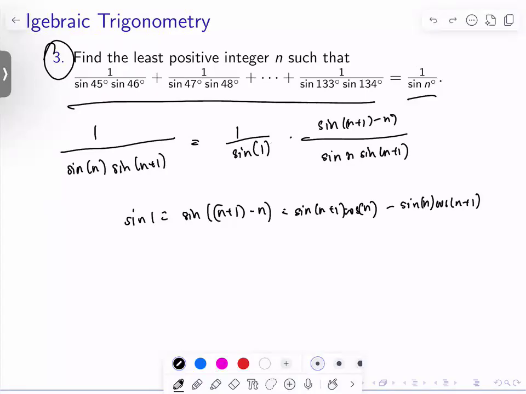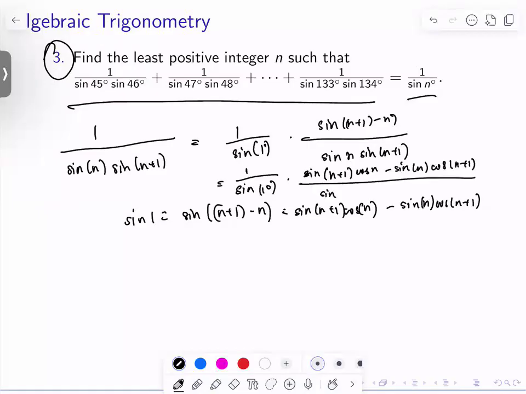And so by writing it like this, and this is 1 degrees by the way, you can further write this as what we wrote here. So you can write it as sine n plus 1 cosine n minus sine n cosine n plus 1 over sine n times sine n plus 1. So essentially what we did is you just note that you have this fraction and then you can multiply it by any unit.